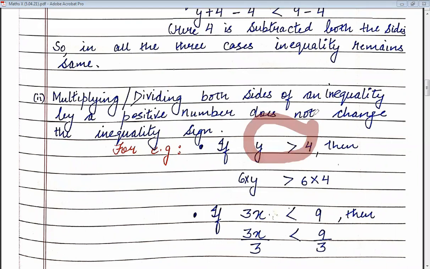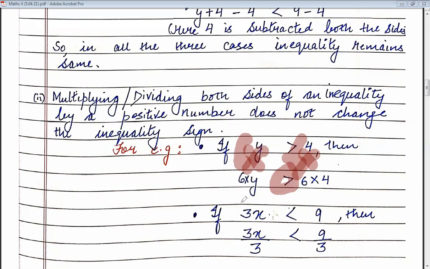Here I'm going to multiply the same positive number on both the sides. So I'm going to multiply my inequality with 6 on the left hand side and even on the right hand side. So when you multiply a positive number on both the sides, your inequality remains the same.